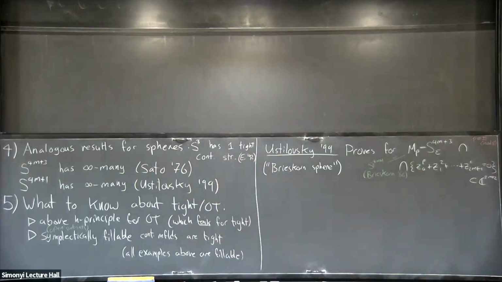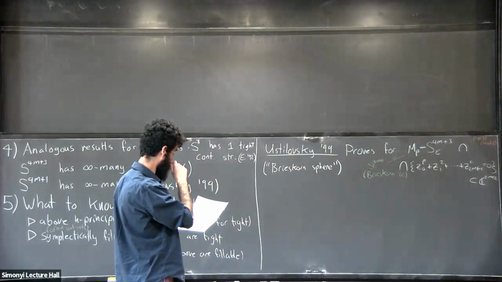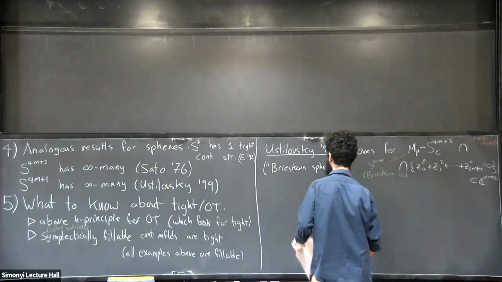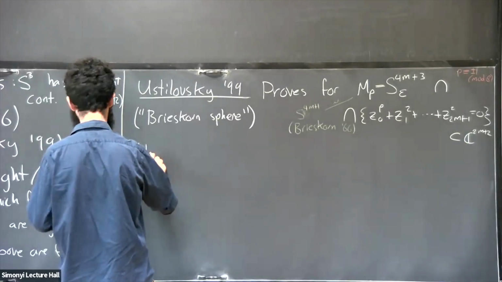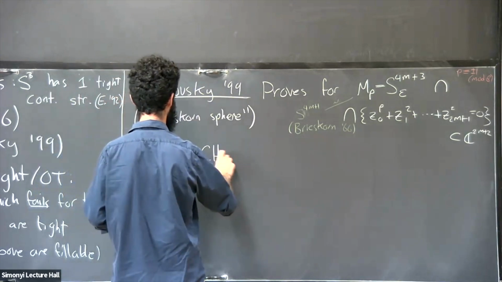And the point is, even the ones that are smoothly standard can still be exotic contactly. So sorry, still in the middle of the sentence. He proves for M_P that the contact homology is non-trivial.